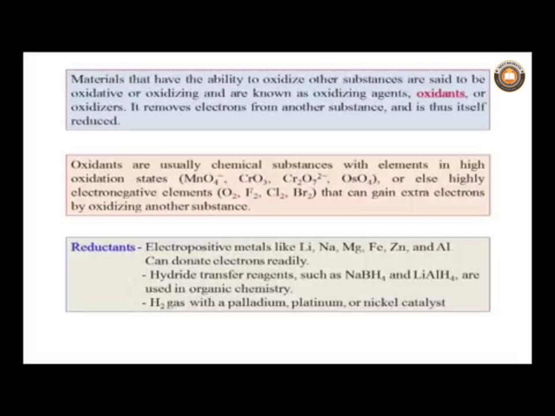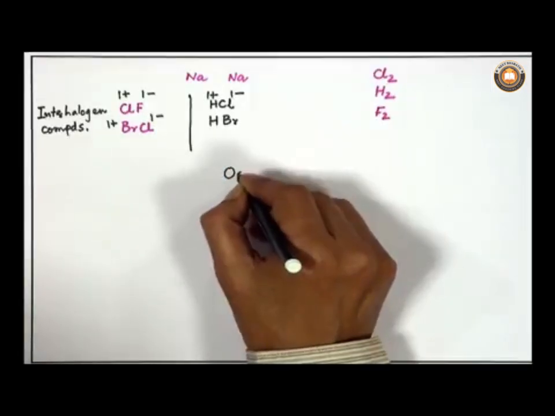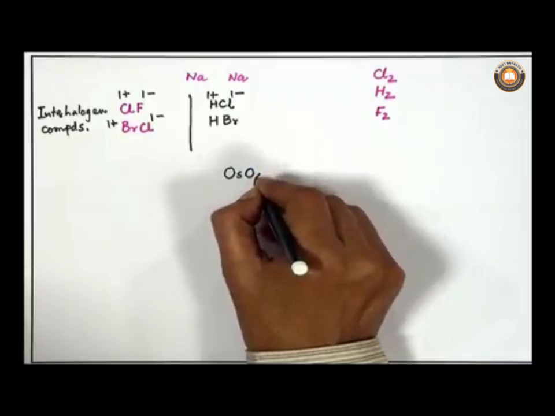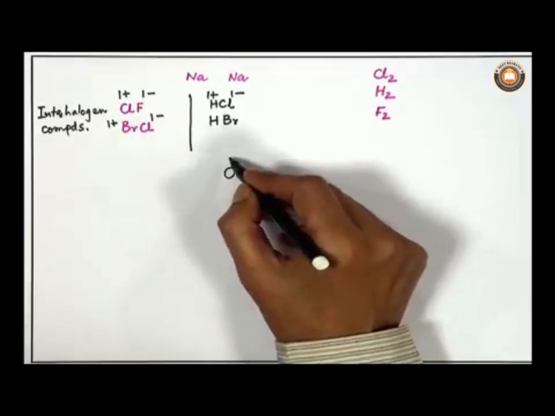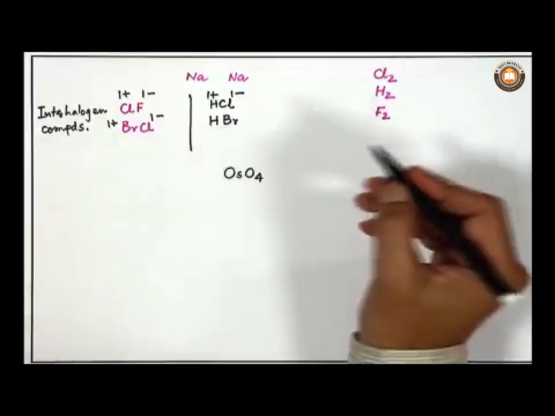In the case of osmium tetroxide, we all know that osmium is present in the iron group: iron, then ruthenium, then osmium.